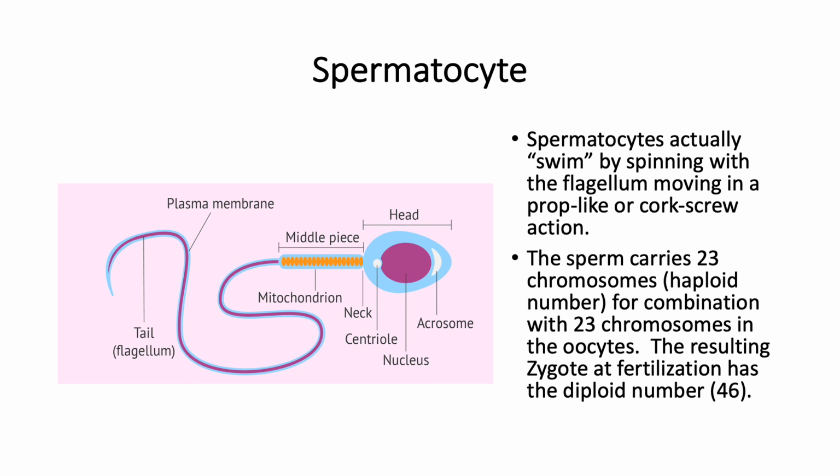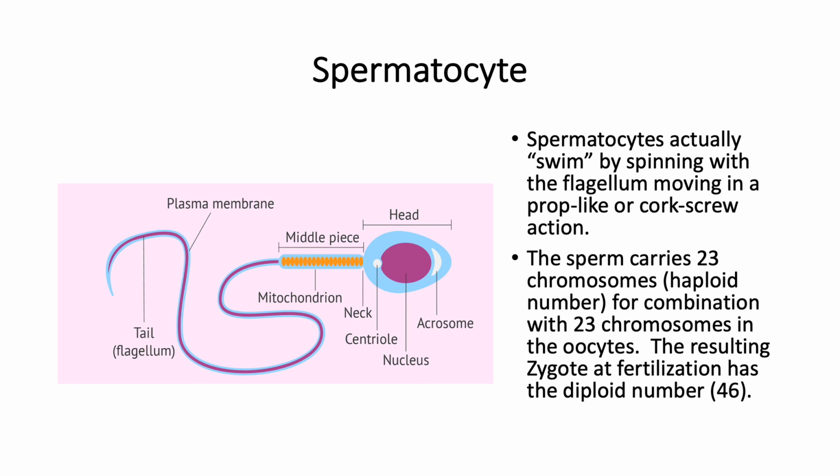Actually, the way the sperm cell works is when it's released into the vaginal canal, it corkscrews its way up the vaginal canal. So it operates more like a boat prop than a wagging tail like a fish. And so the sperm cells rotate and move up the vaginal canal for contact with the oocyte.